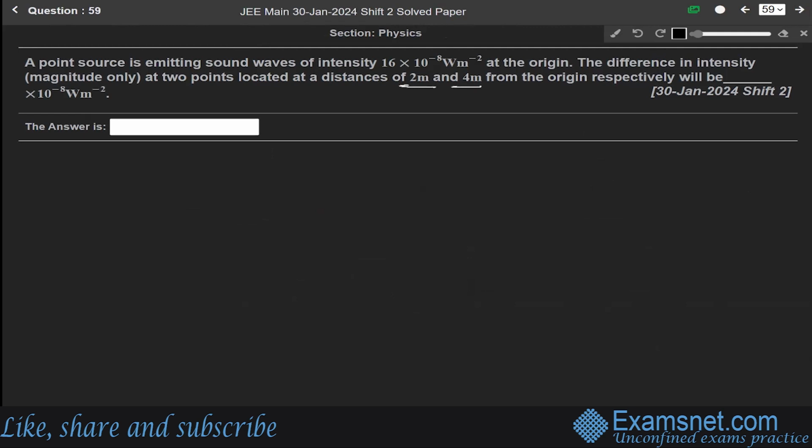So we are given the intensity in watt per meter square. The difference in the intensities we have to find, and we are given only the distances. There is something missing in the question, so I think this question is incomplete and wrong. Since this question is incomplete, we'll not solve it.